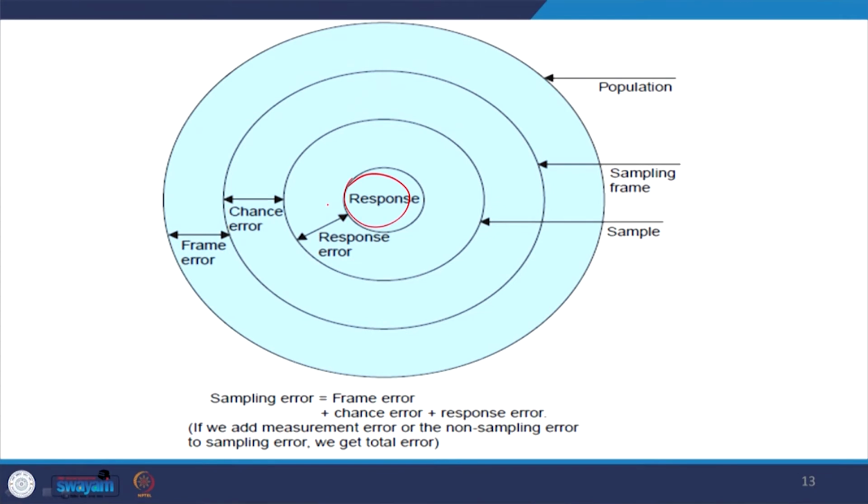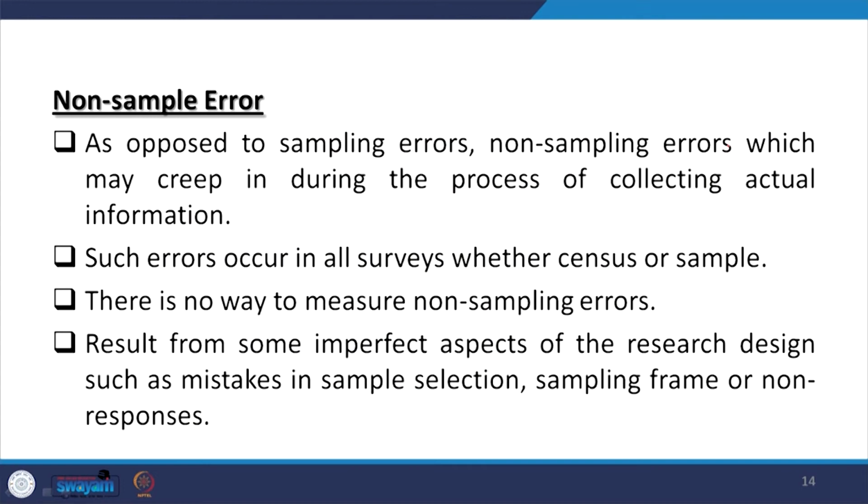So, responses are figured at the center, which is usually fewer units. Sampling error, as I said, might be due to frame error, as the frame we make might be erroneous, chance error, response error. If we add measurement error or the non-sampling error to the sampling error, we get the total error.